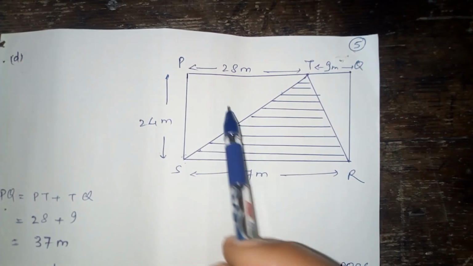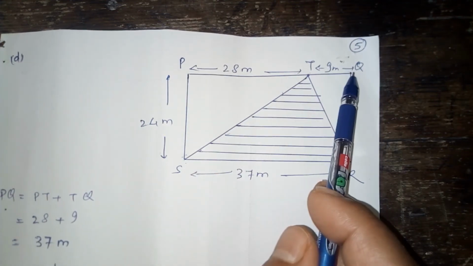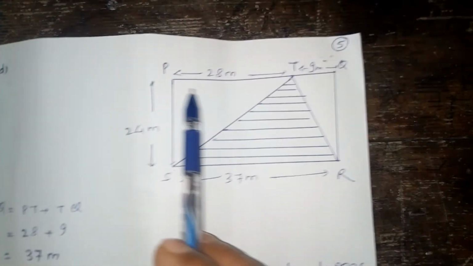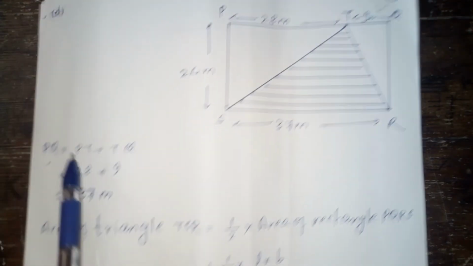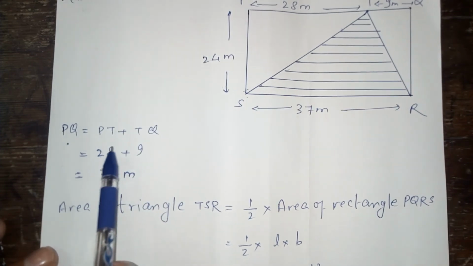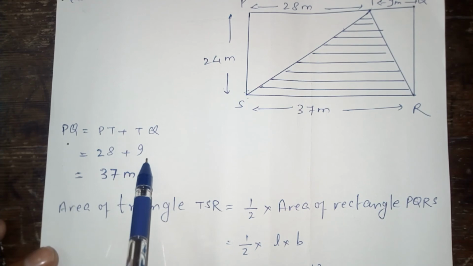So how will we find out the length of PQ? PQ is equal to PT plus TQ. PT is 28 meter and TQ is 9 meter.